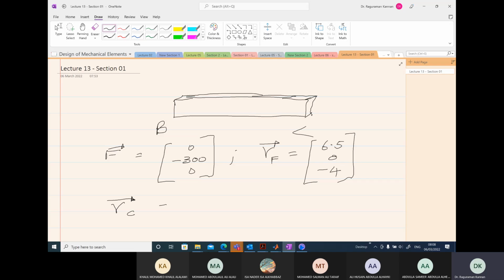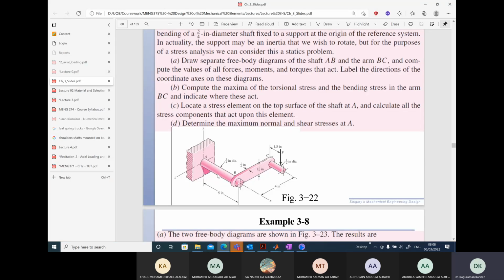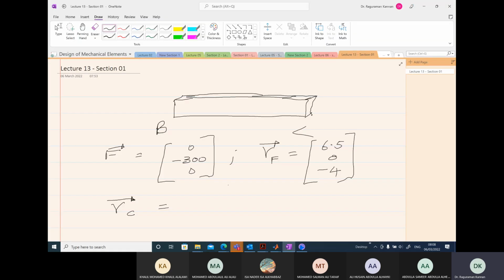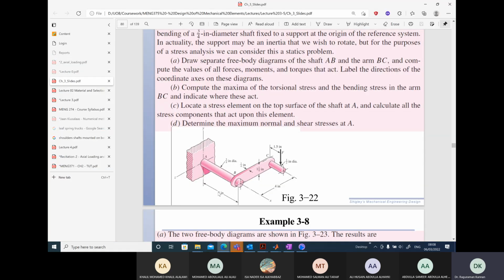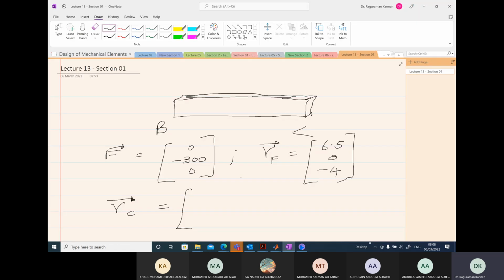To get the relative position vector, first I get the position vector of the point C. So we can see here 5 is x, y is 0, and we can imagine C is minus 4. So 5, 0, minus 4. Okay.